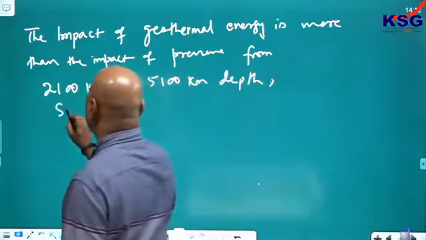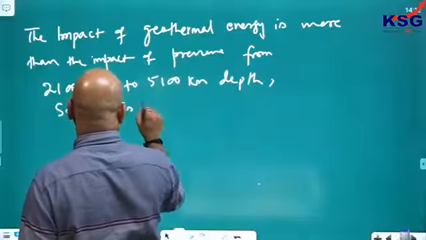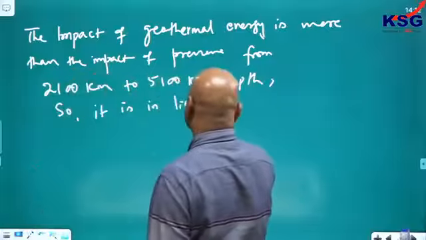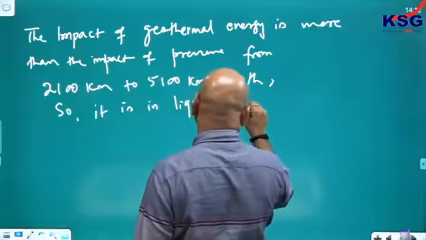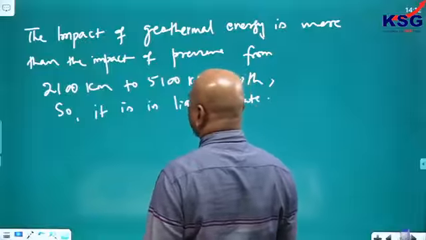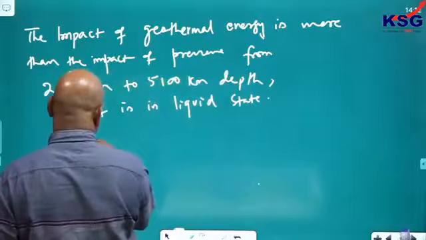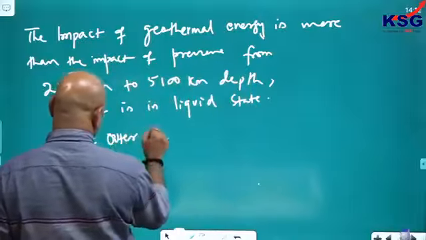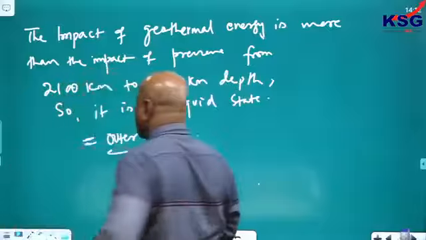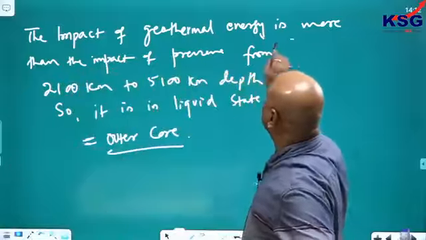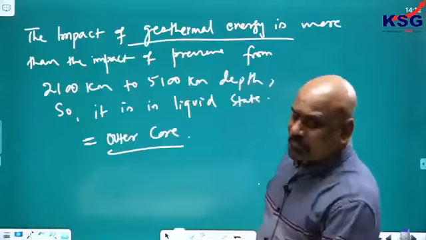So, it is in liquid state. This zone is called the outer core. Here the particles can move freely because geothermal energy is exceeding the impact of the pressure here.